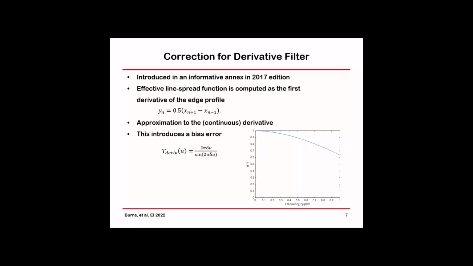Generally, for the image content, we will be looking at a range of 0 to 0.5. That would be the half sampling or Nyquist frequency. So it's fair to say this introduced a modest bias into the calculation. Fair enough. It's fairly easy, because it's predictable, to understand and also to correct, and we simply divide that out. So that's the first thing that is introduced.